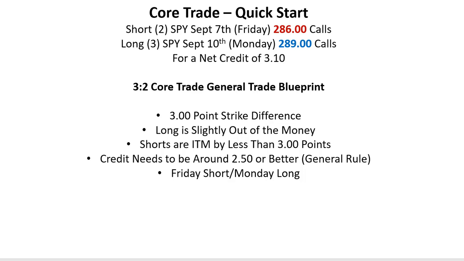And then the credit needs to be around 250 or better as a general rule. And if you're working with a 250 credit, you need to understand that you are going to need to be aggressive with step 2 and step 3, because 250 is not the best credit in the world for this particular setup.